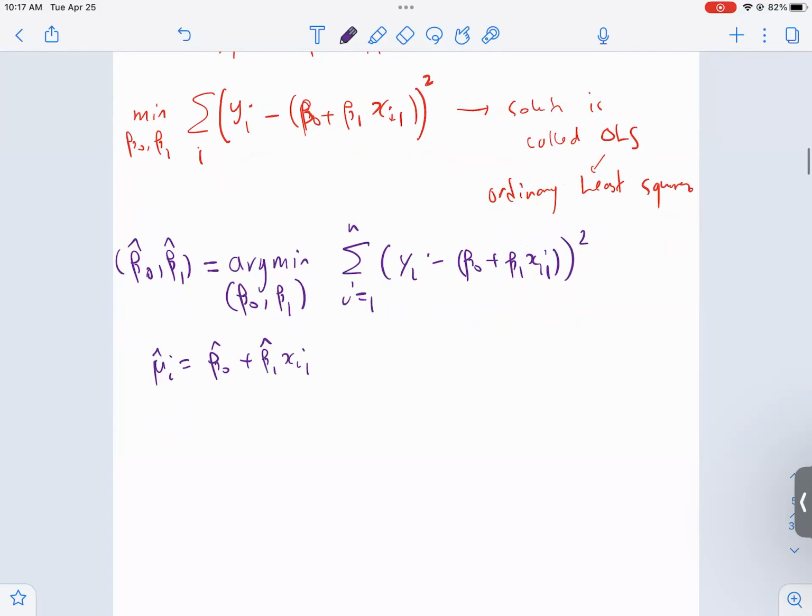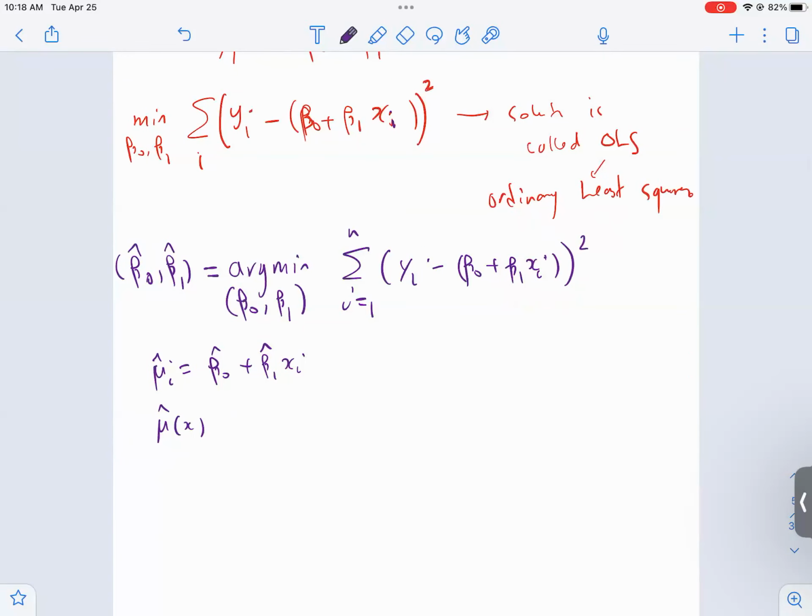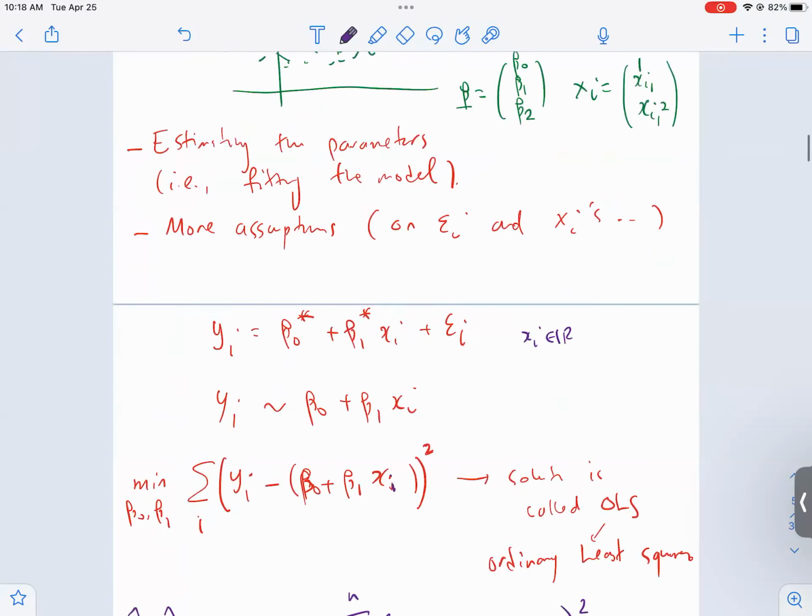There is this regression line or regression function that they sometimes write as mu hat x. So this would be the fitted value. So the mu hat i's are the ones that are on this line.